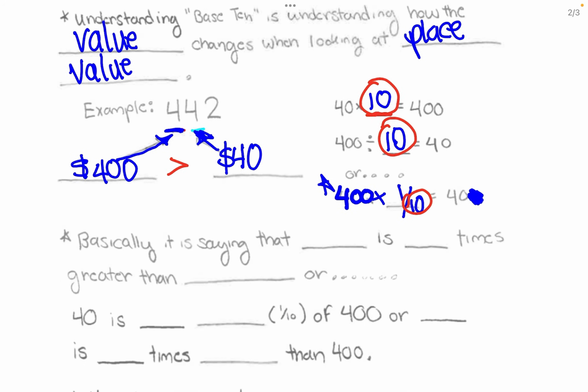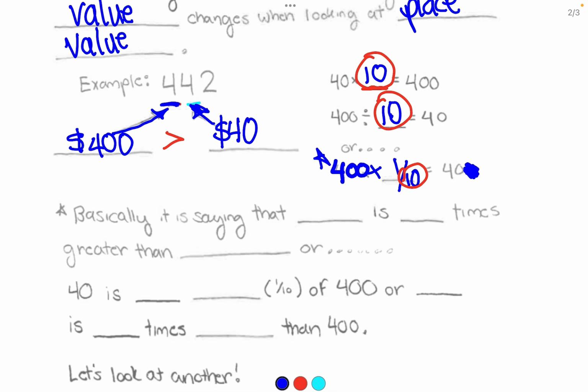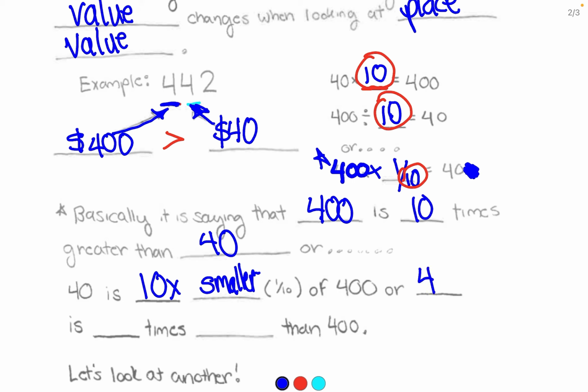So if I was to summarize that using words that we can keep in our notebook, we can say that 400 is 10 times greater than 40, or, and that's probably how you're used to seeing it in 4th grade, or 40 is 10 times smaller, talking about multiplying by a fraction of 400, or you could say that 40 is 10 times less than 400.